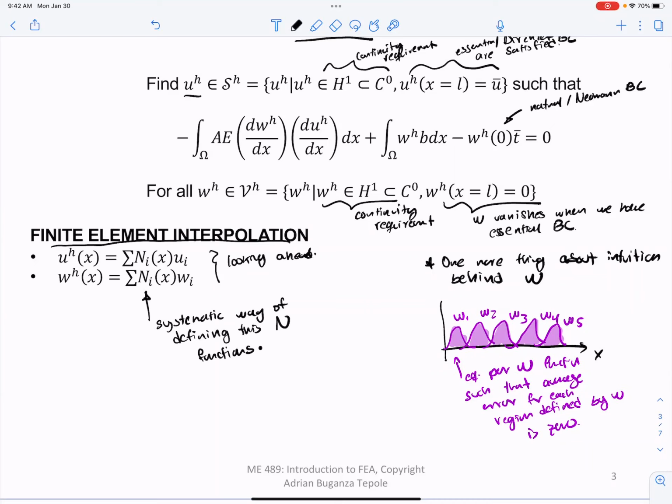And that's essentially the finite element interpolation. We're gonna find a way of specifying these W functions. Actually, we're gonna call them shape functions or basis functions N. And how can we do that systematically? That's what the point of this lecture is going to be.